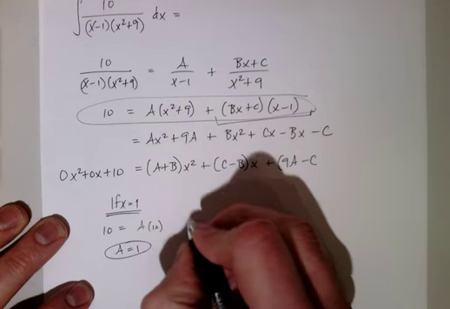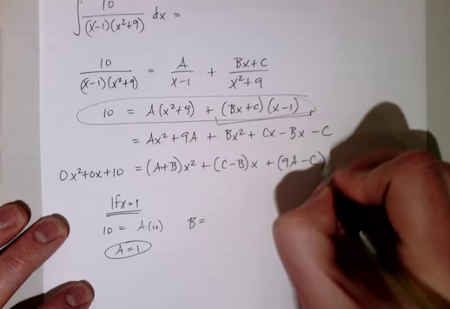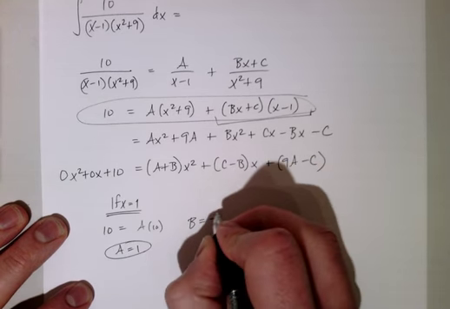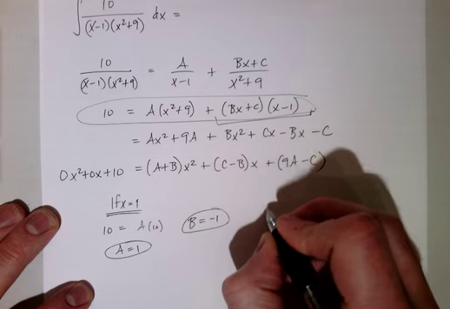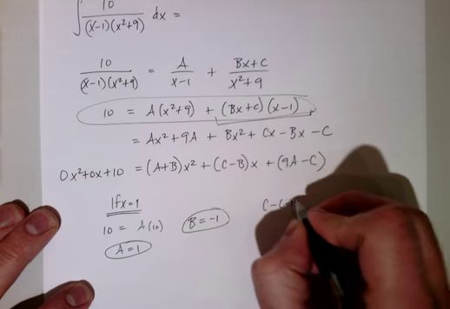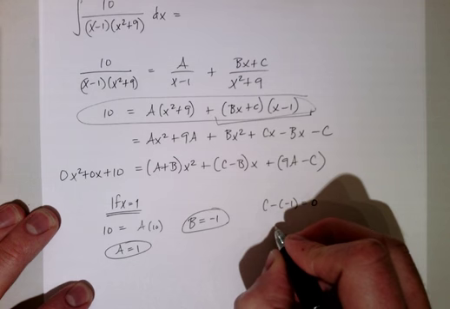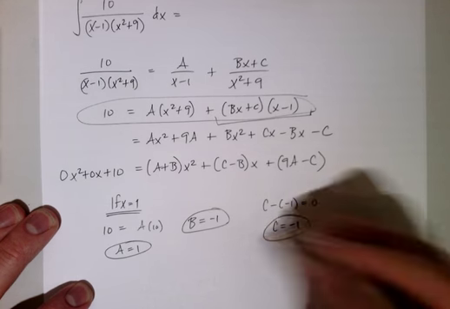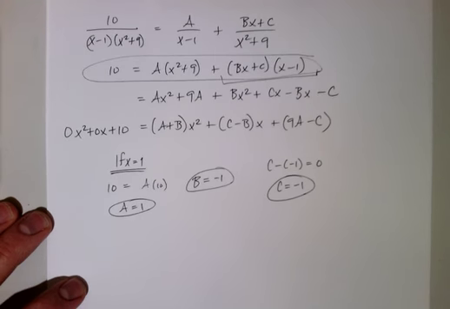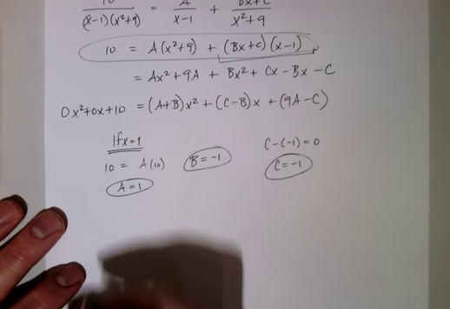Once we have that, we know that b, sorry, put a parenthesis on that one, is equal to negative 1. B is equal to negative 1, therefore c minus b is equal to 0 as well, so c is equal to negative 1, and I wind up having something rather straightforward.